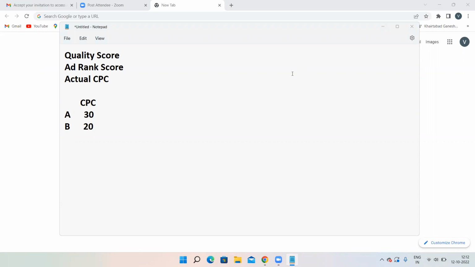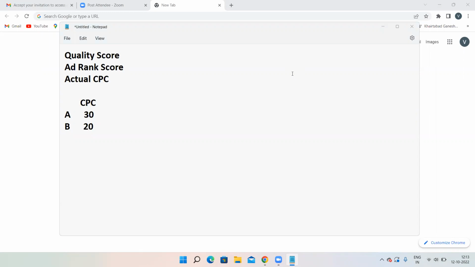Yes, Pavitra, how can B beat? Increase the daily budget. We need to click on A. Exactly correct. Absolutely correct.